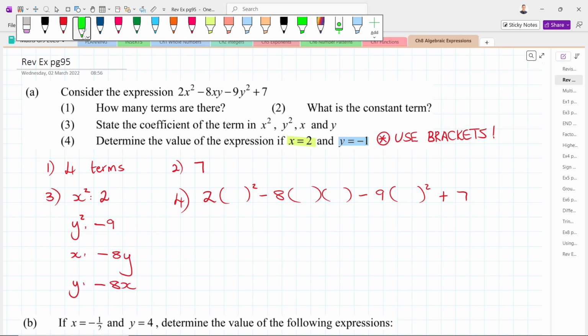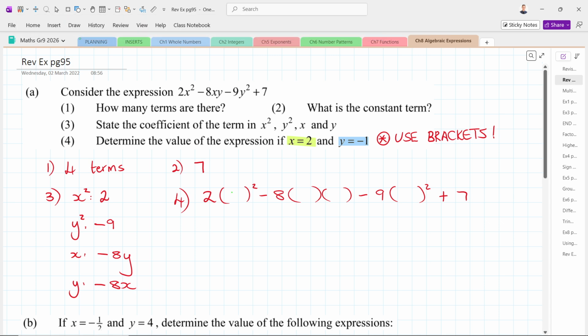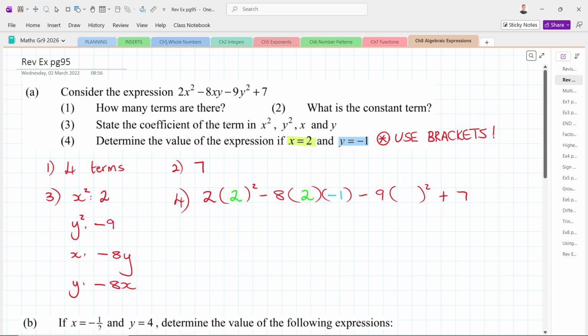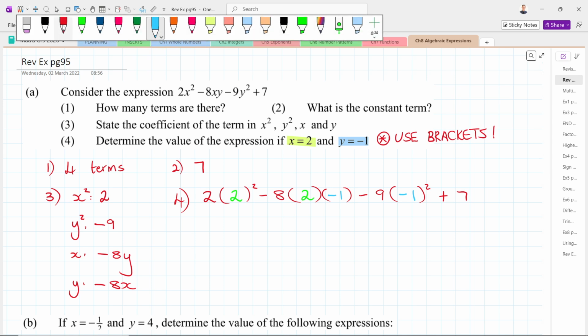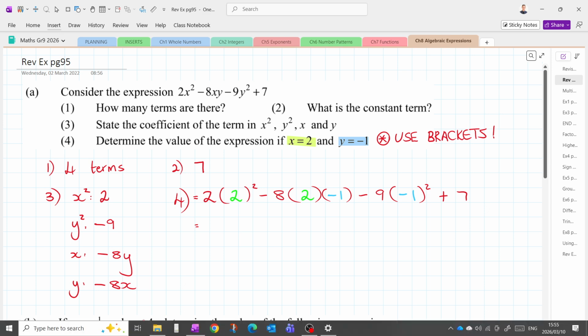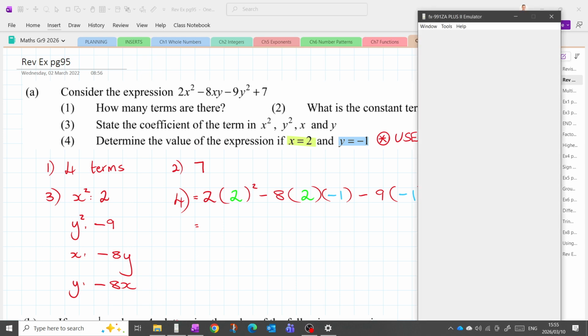So let's see. Everywhere where there was an x, I'm going to put a 2. So over here belongs a 2. Over here belongs a 2. And then where there were y's, I'm going to put -1s. So over here, -1 and another -1. So there is no reason for you to get this wrong. All you're going to do from here is type it in on your calculator.